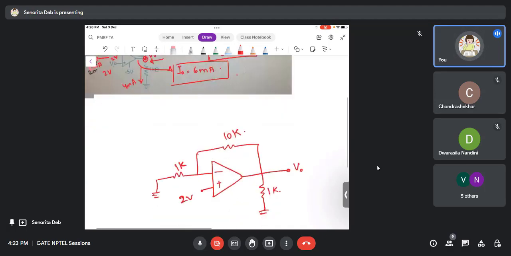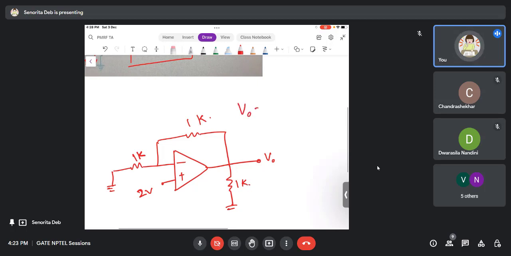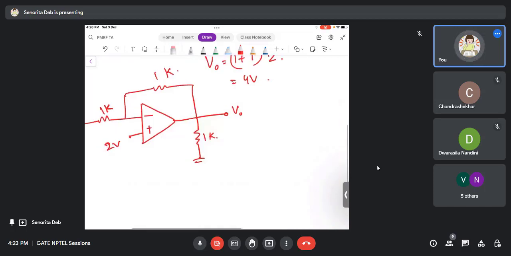Oh, sorry, this is 1K. You can directly find V naught, because this is a non-inverting amplifier, so directly you can write V naught as 1 plus 1 into 2, so 4 volts. Is this fine? So no need to apply this loop which I was talking about. No need to solve it.